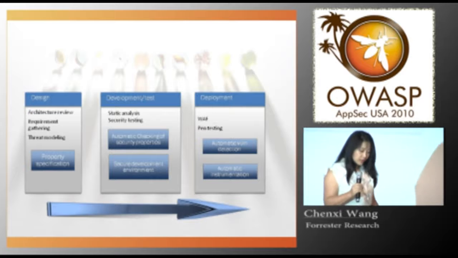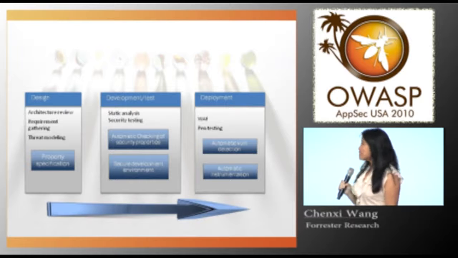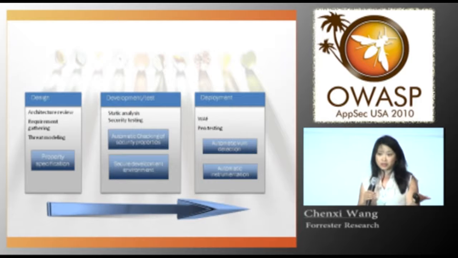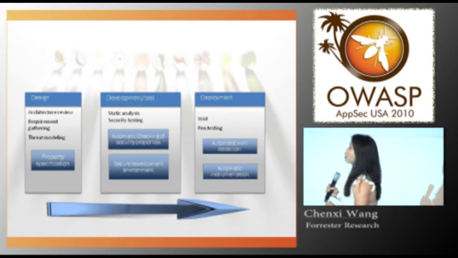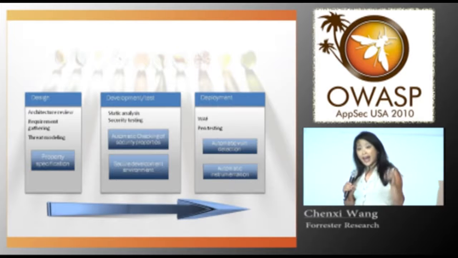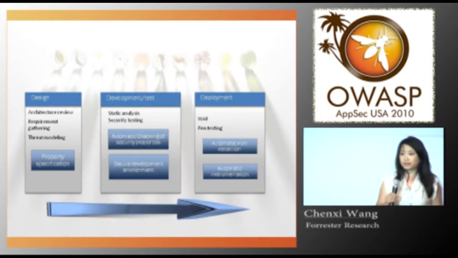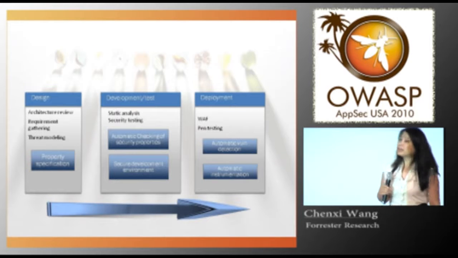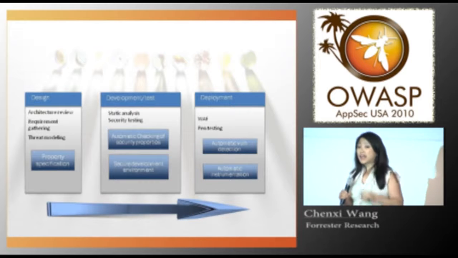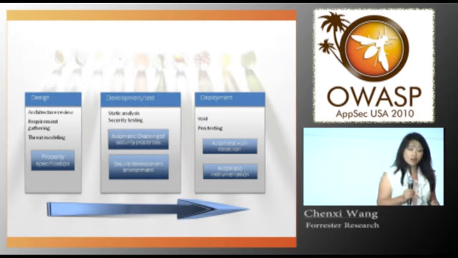So, run through the life cycle. In the design stage today, we may have architecture review, we may have threat modeling. Some of the companies are doing it, a small number of them, and requirement gathering and whatnot. With this new model, we will add security property, safety property specification in the design stage. In development, in addition to static analysis and security testing, we've got automatic checking, verification of security properties by way of theorem proving.